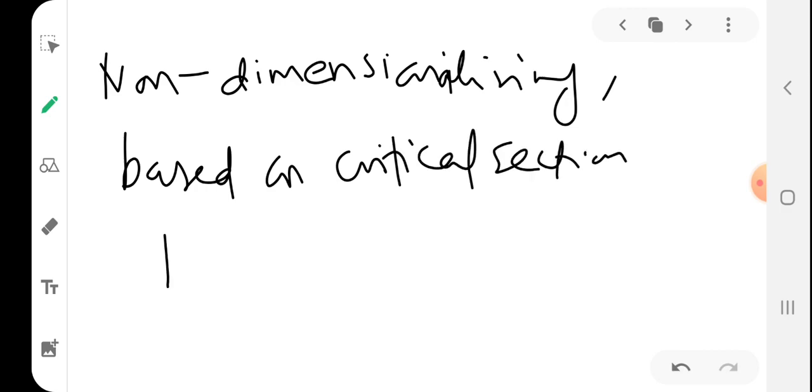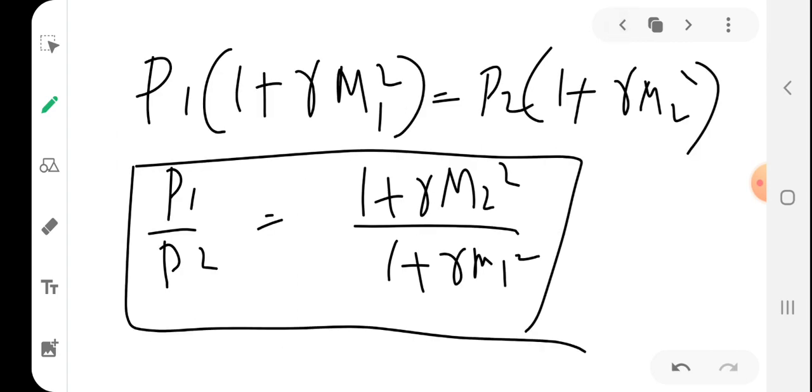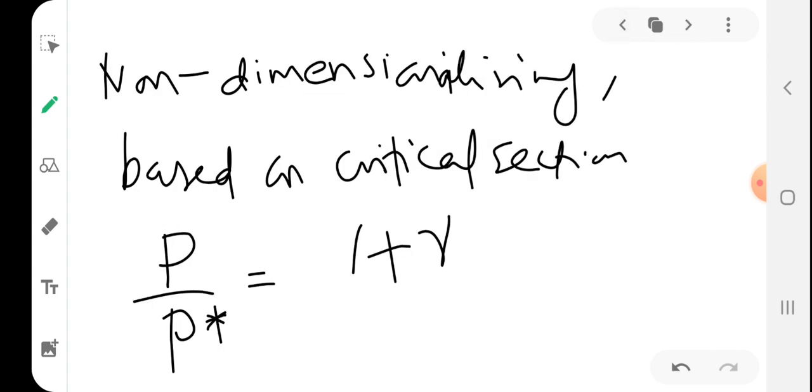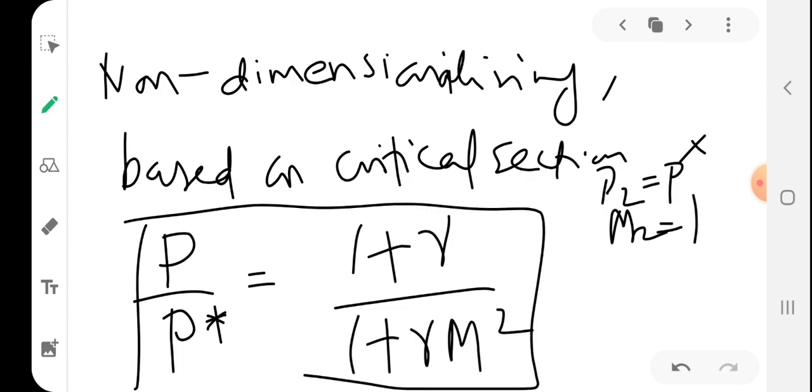Therefore, P1 by P2 can be written as P by P star, which is 1 plus gamma, since M2 will be 1. P2 equal to P star means M2 equal to 1. So P by P star equals (1 plus gamma) by (1 plus gamma M square). This will be the equation for the non-dimensionalized form based on the critical section.